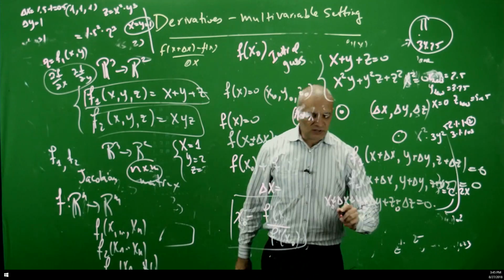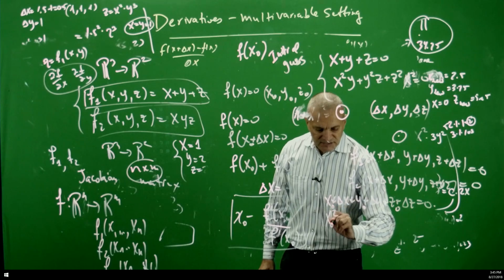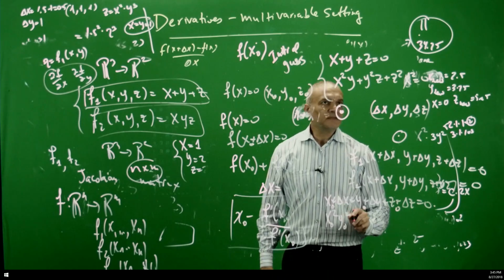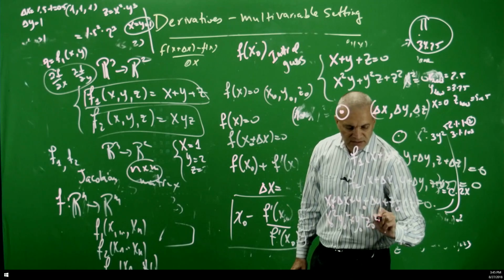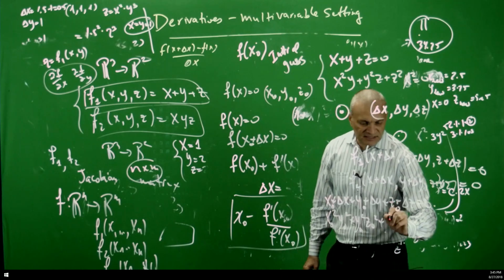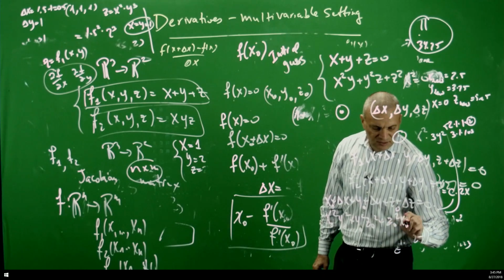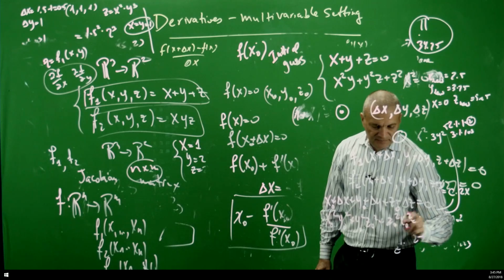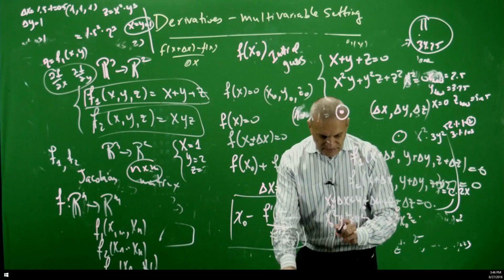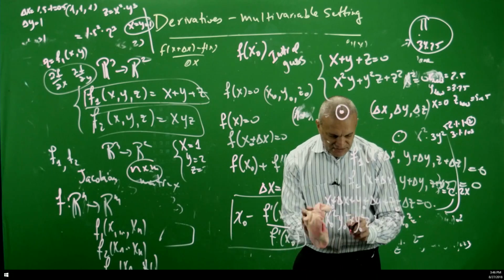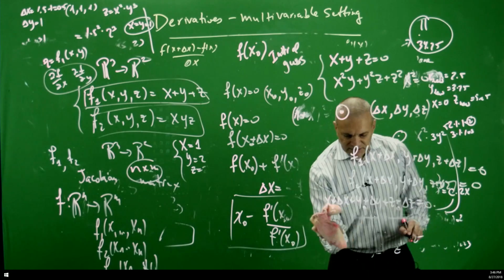And here I want x0 squared, y0 squared, z0 squared... Sorry about that, let me rewrite it again.